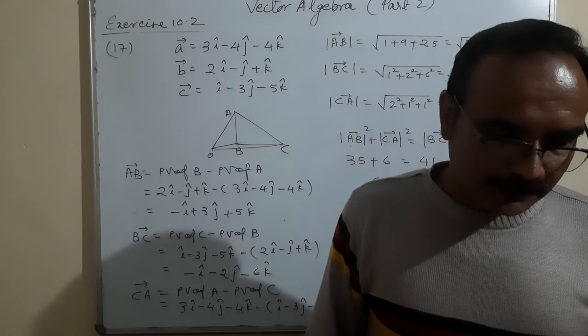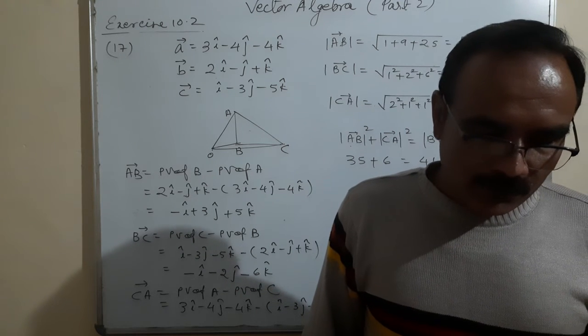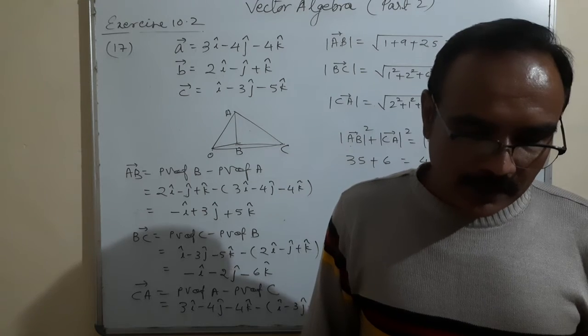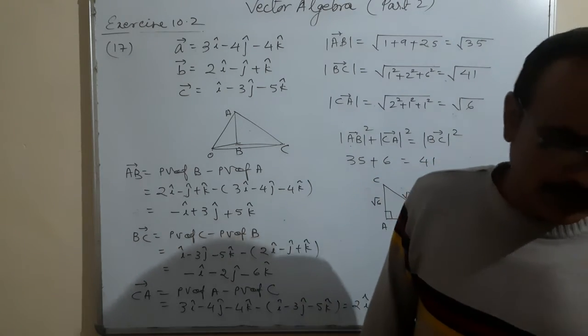Next question is, show that points A, B, C, this we have already done. Question number 18. In a triangle ABC, which of the following are not true?